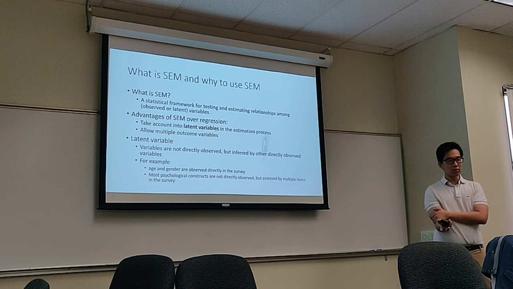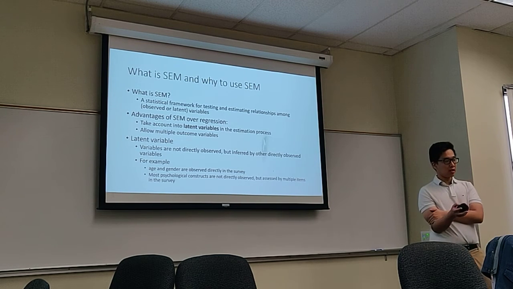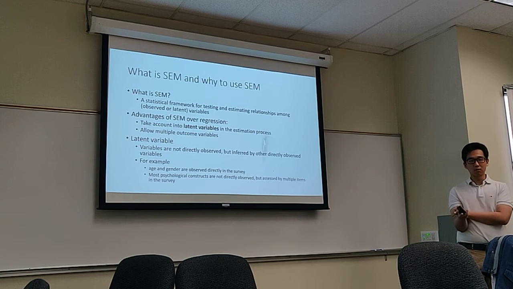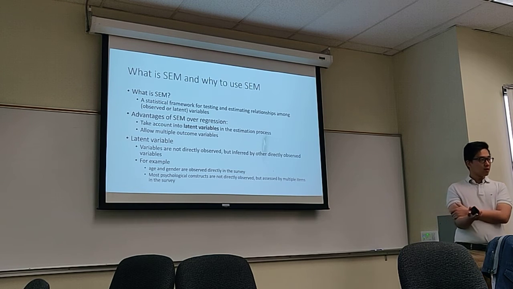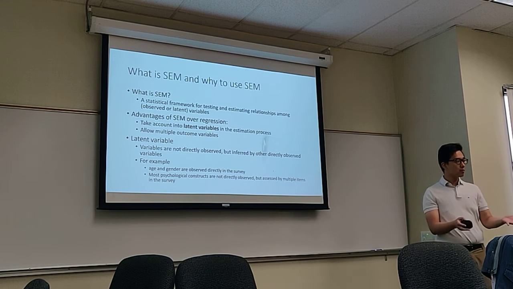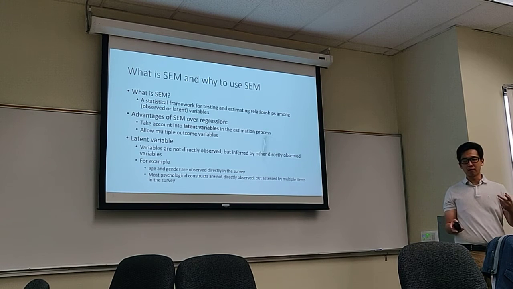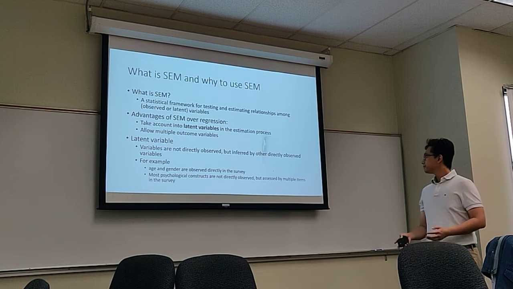But most psychological constructs, like self-efficacy or leadership or engagement, are not directly observed. Instead, you use a scale that contains like 9 or 10 or 20 items to measure 1 variable. Those items are the observed variables, and the construct is a latent variable that is inferred by multiple items.